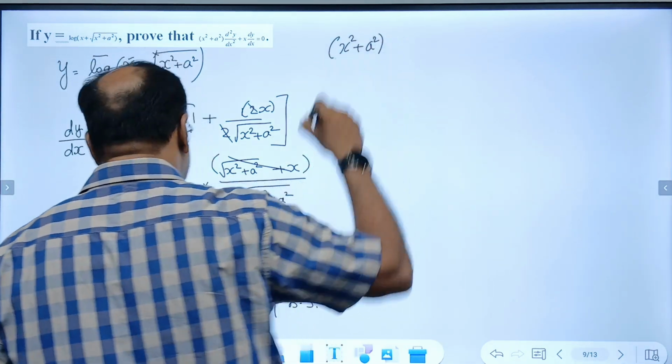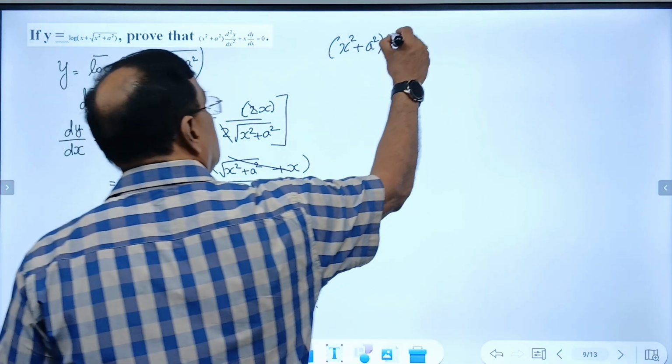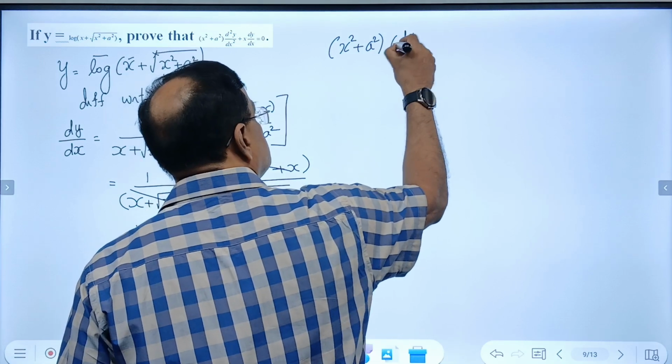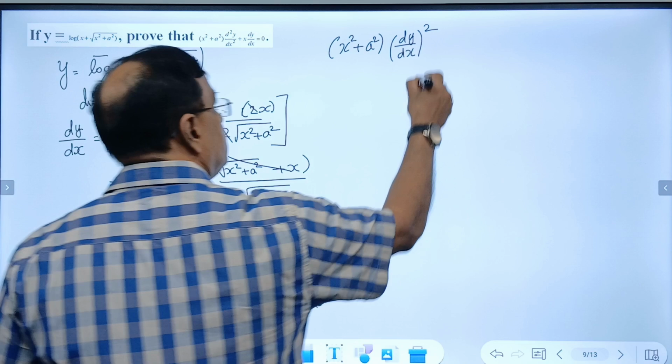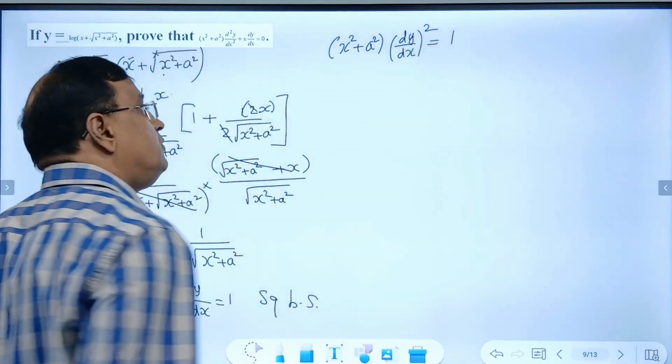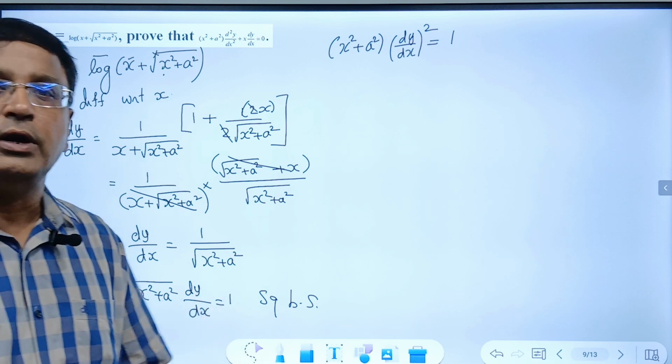There are some students who make a mistake that when they square dy by dx, they write d square y by dx square. That is not correct, so don't do that. So if you square dy by dx, you will get dy by dx whole square, nothing else. Okay? And square of 1 is 1. So I got rid of the root because root is always uncomfortable.